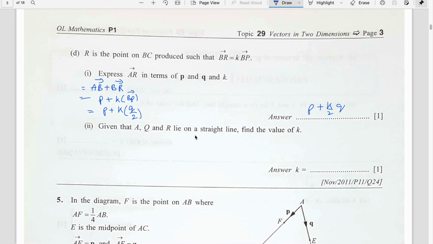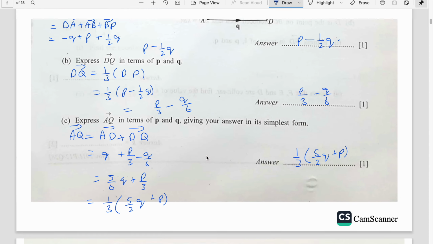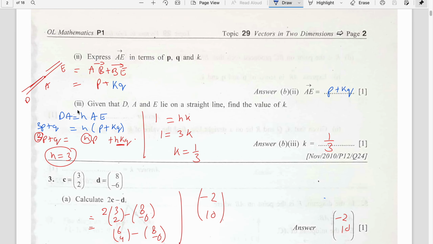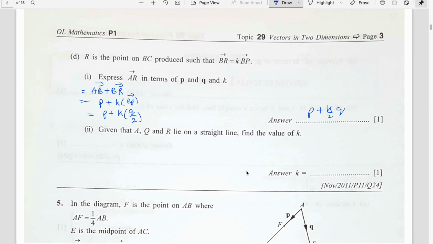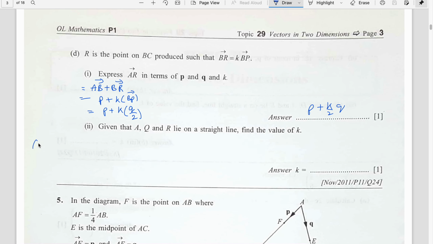Given that A, Q, R lie on a straight line. Now this is exactly the same nature of question as before. If it lies on a straight line, we can say AQ is equal to H times AR or QR. We've already solved for AR, so I'm writing AR.